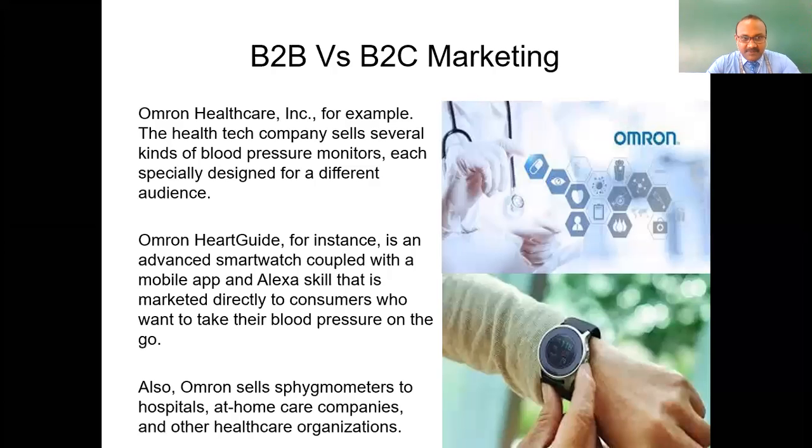So let's look at this example of Omron Healthcare. Sometimes there could be organizations which are into both, right? So there could be organizations or institutions that are making products for B2B and also making products for B2C.